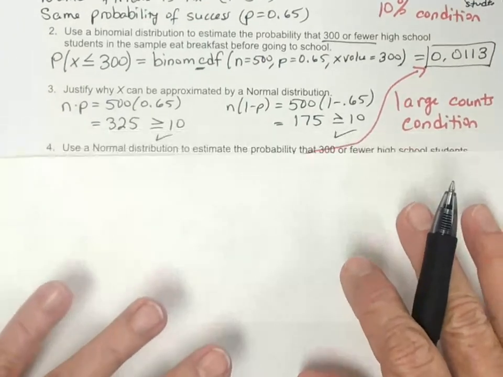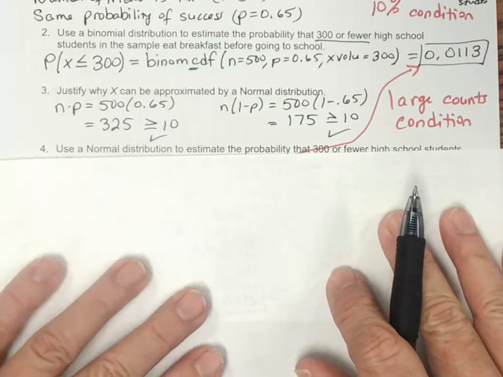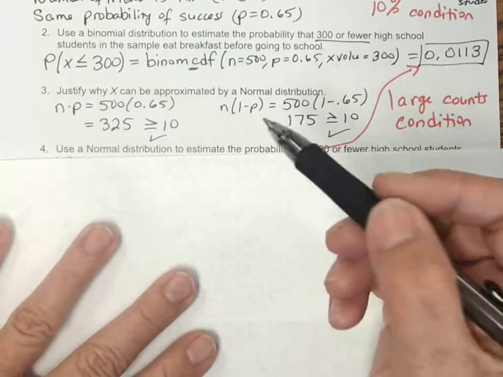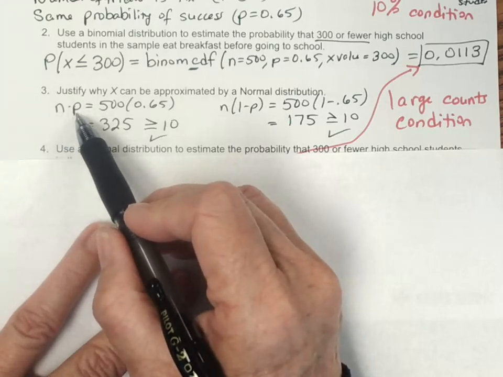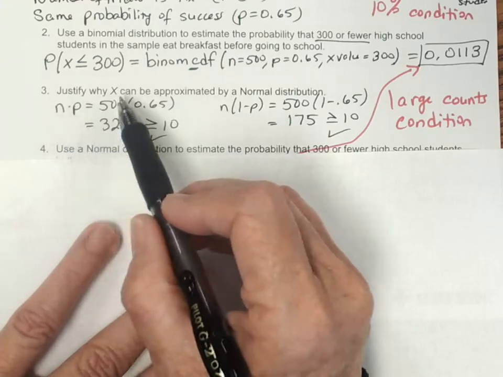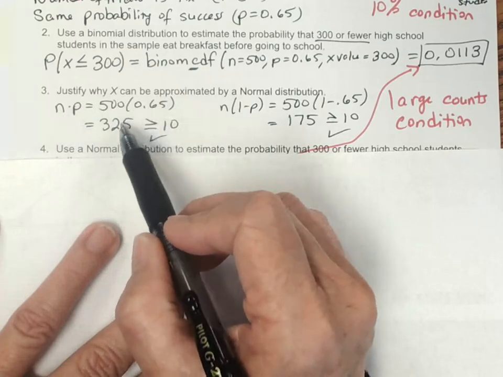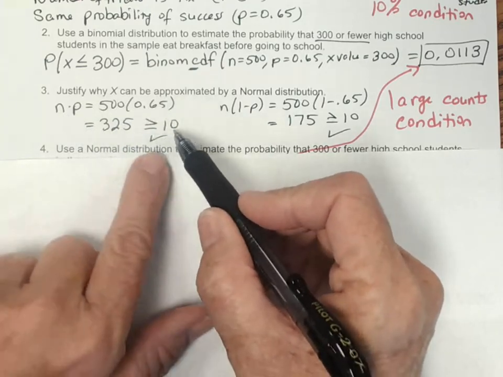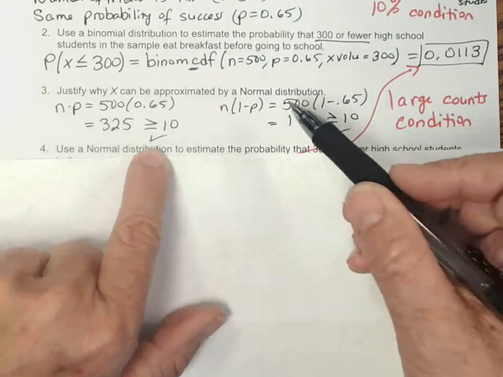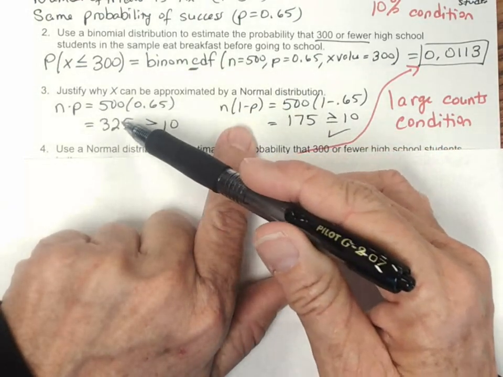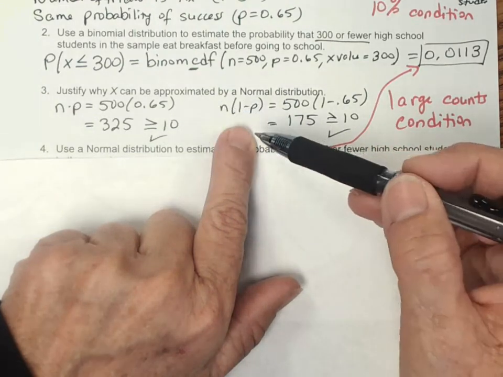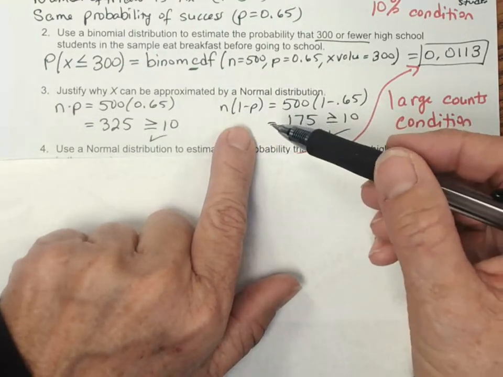So justify why we can use a normal distribution now to calculate some probabilities. It's because n multiplied by p, so number of trials times the probability of success, is 325. Well, that's larger than or equal to 10. So this is my large counts criteria. This number of expected successes has to be greater than 10, and the number of expected failures has to be greater than 10.